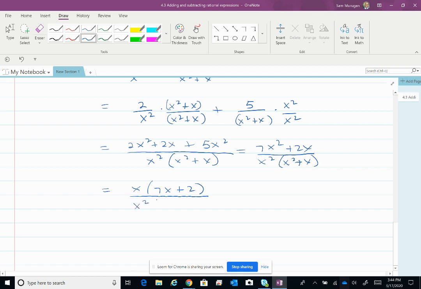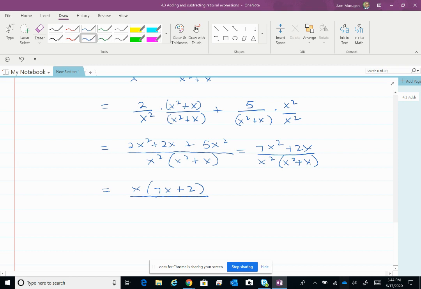Over x squared into x squared plus x. So we can go ahead and cancel one of the x's with the x down here. And then notice we can also factor out an x in the denominator right here.